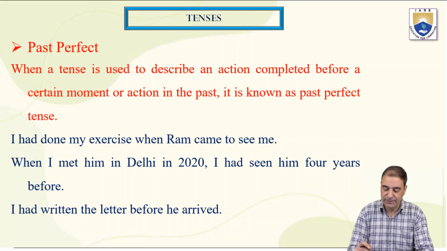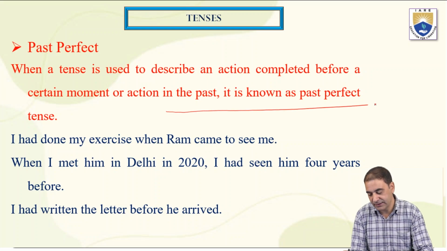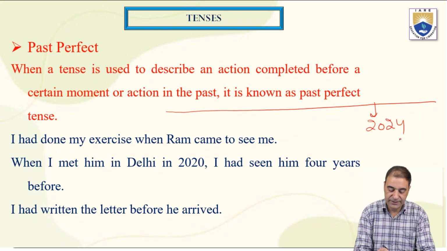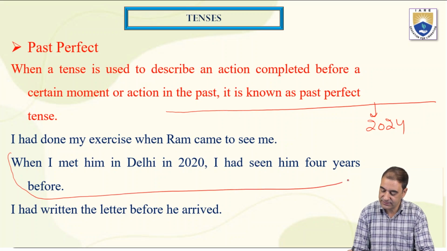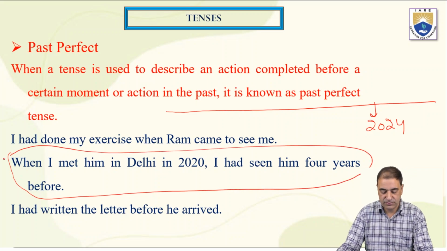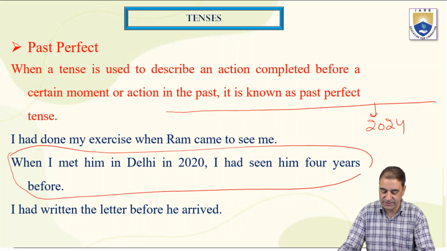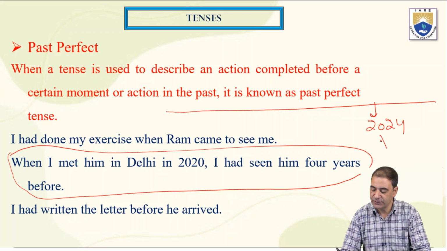Now, for example, if I draw a graph, here it's 2024. Now look at this sentence. I will try to make you understand this tense with the help of this sentence. 2024, everyone knows that it's the present.